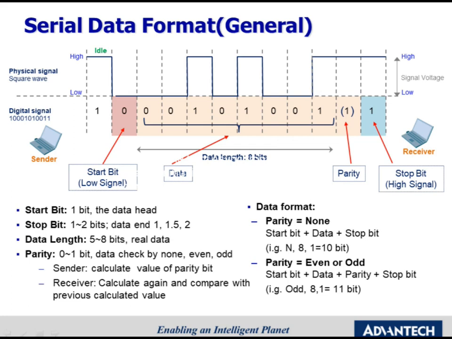The parity bit is used for error tracking. So the data format and the total length will be different, just like the text showing here. For example, if there is no parity bit, data length is 8 and start bit is 1, it can be expressed as N81, which equals 10 bits.